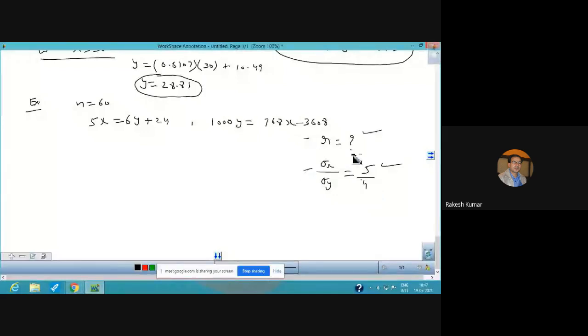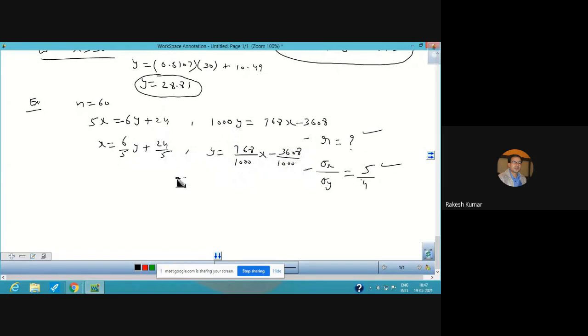Now, these are the regression equations given to us. From the first equation, x can be 6 over 5 y plus 24 over 5. And from the second equation, y can be 768 over 1000 into x minus 3608 over 1000.